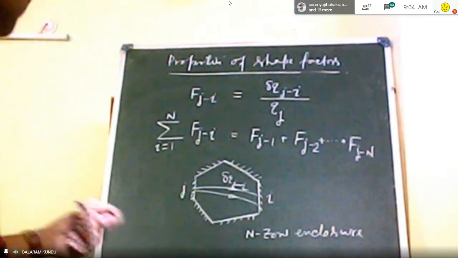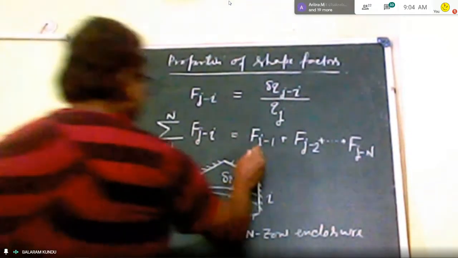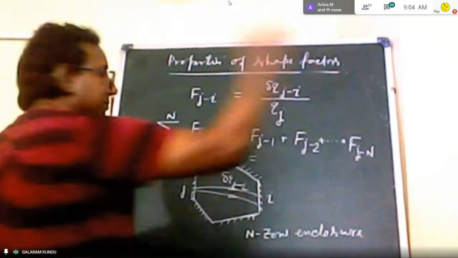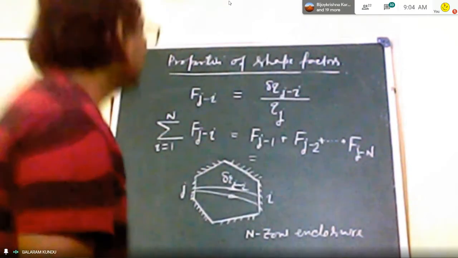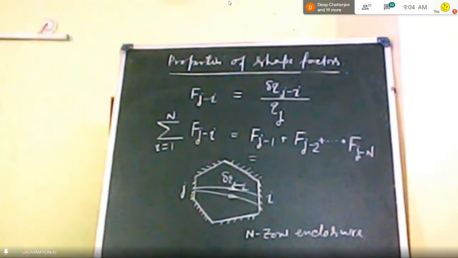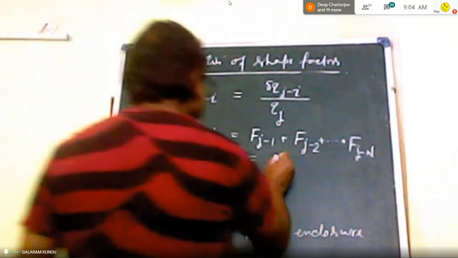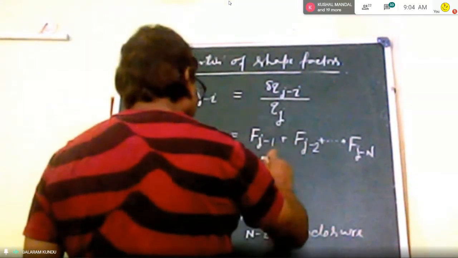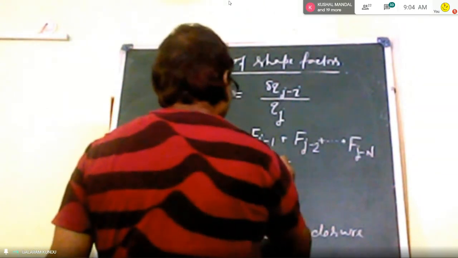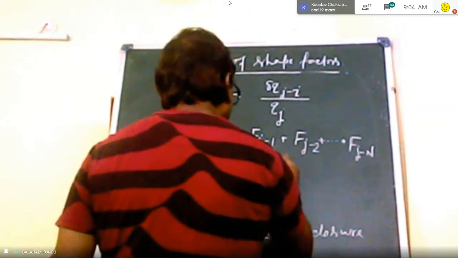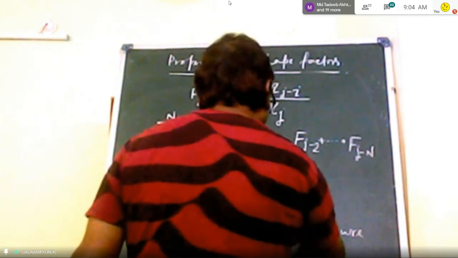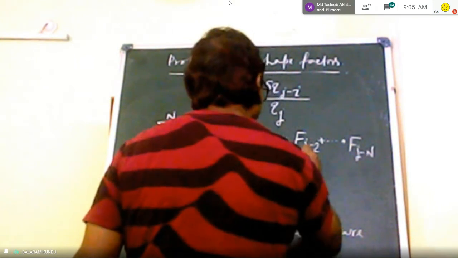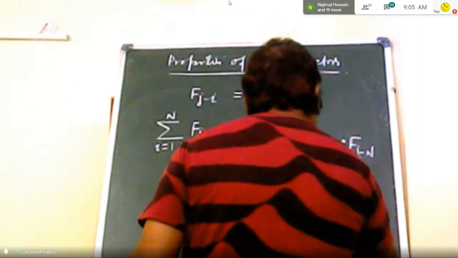That is equal to, again a summation term is required, del Q J to I divided by Q J. Q J is a constant, so you can write 1 by Q J and summation of I equal to 1 to n of del Q J to I.